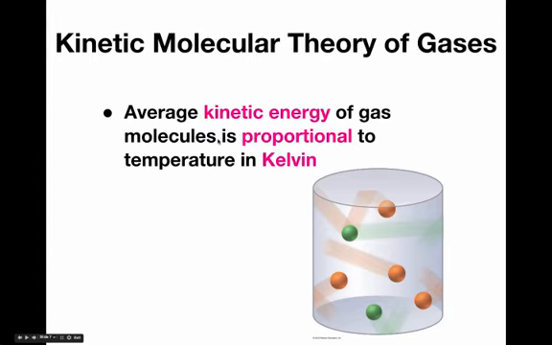If the temperature of a gas, let's say the air in the room that you're in, goes up, then the molecules move around faster. They have more kinetic energy. And if the temperature of the air in the room goes down, then the average energy of the gas molecules goes down as well.